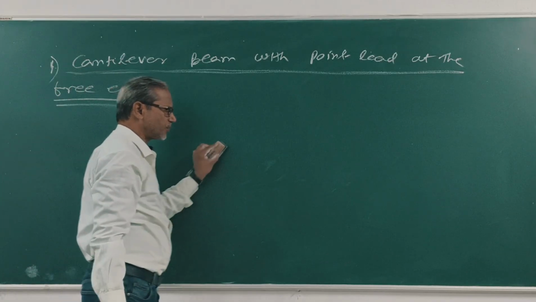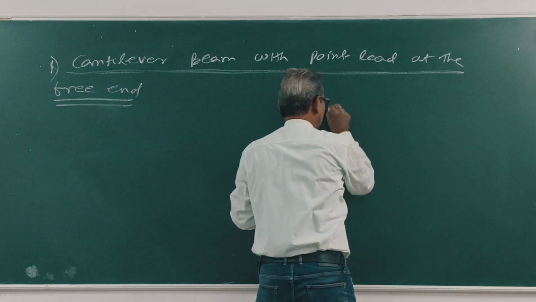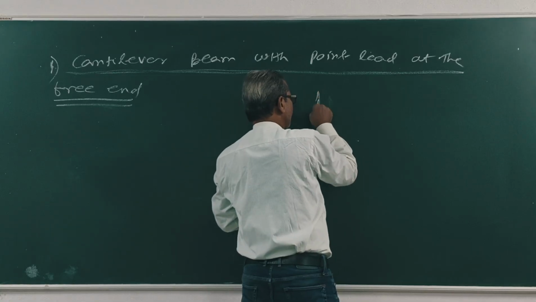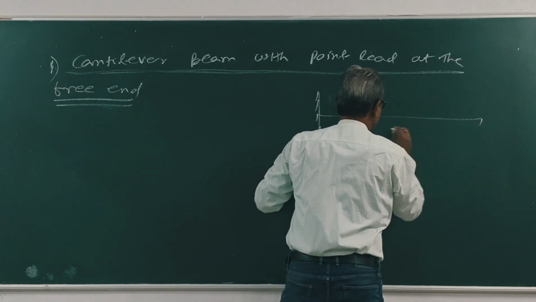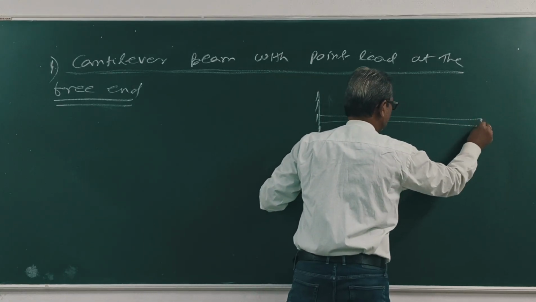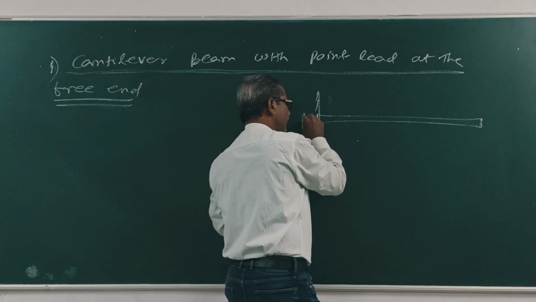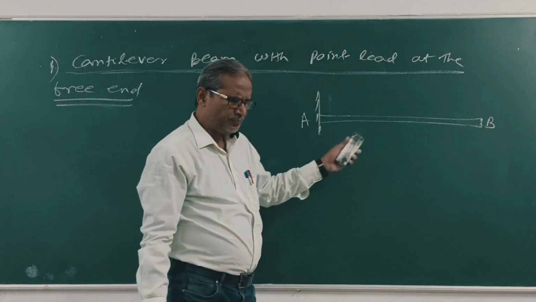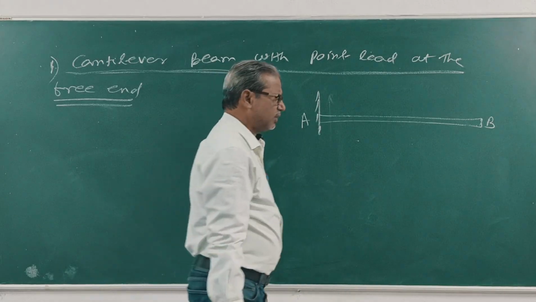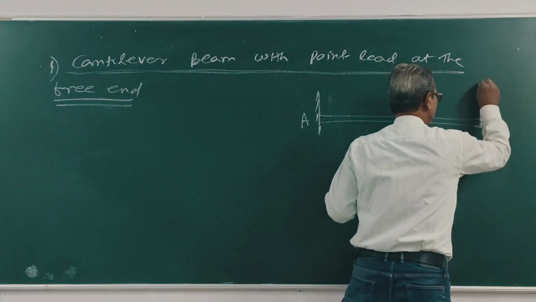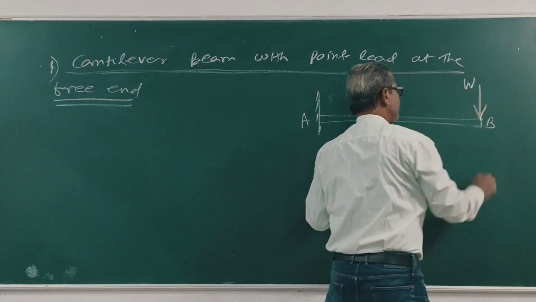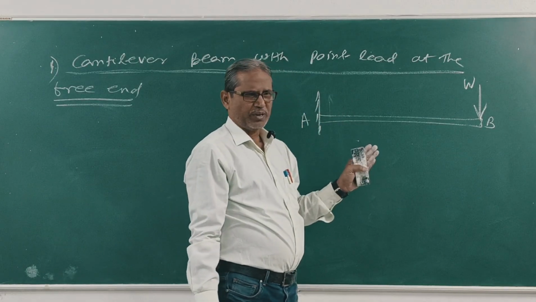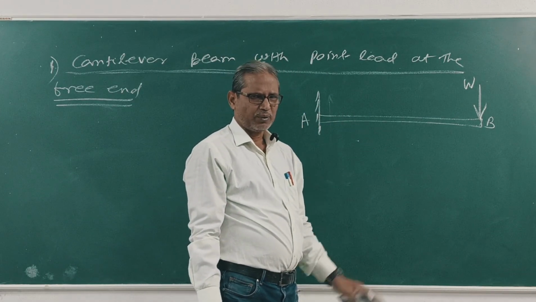Suppose this is a cantilever beam AB, clear? One end fixed, other end with load W. Draw the shear force and bending moment diagram of this cantilever beam.